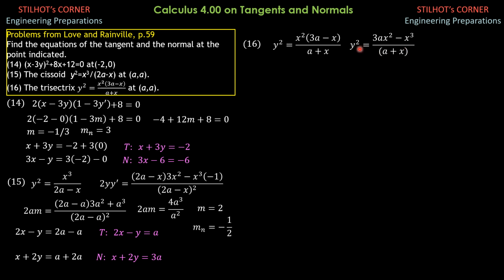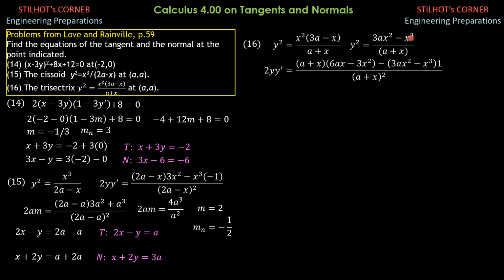So the left side is 2yy', and that equals [(a + x)(6ax - 3x^2) - (3ax^2 - x^3)(1)]/(a + x)^2. The derivative of y^2 is 2yy', and the denominator is a + x.